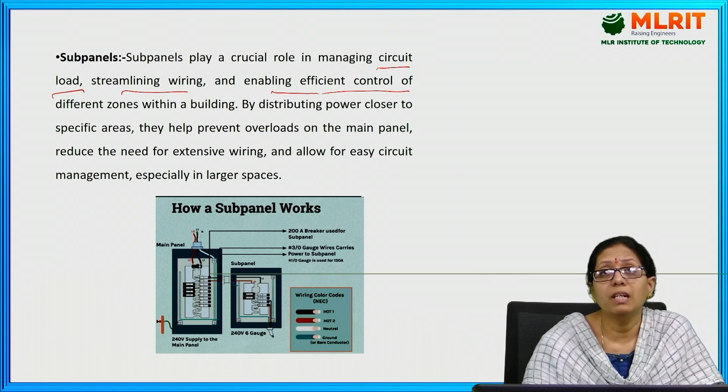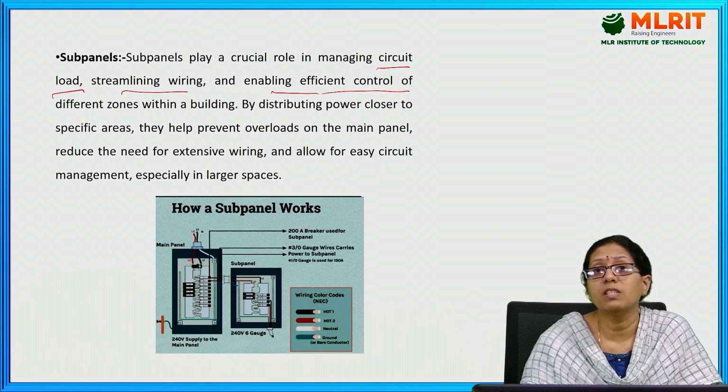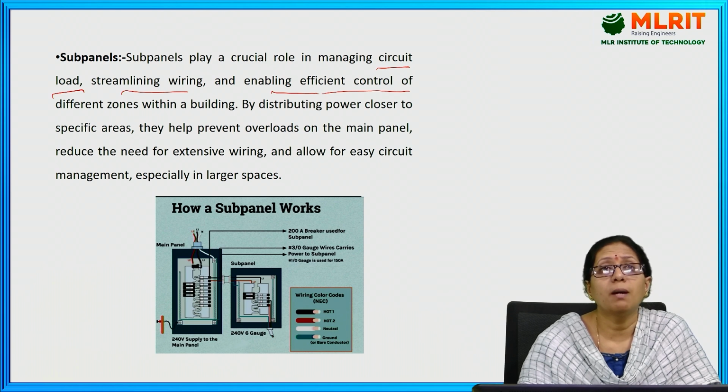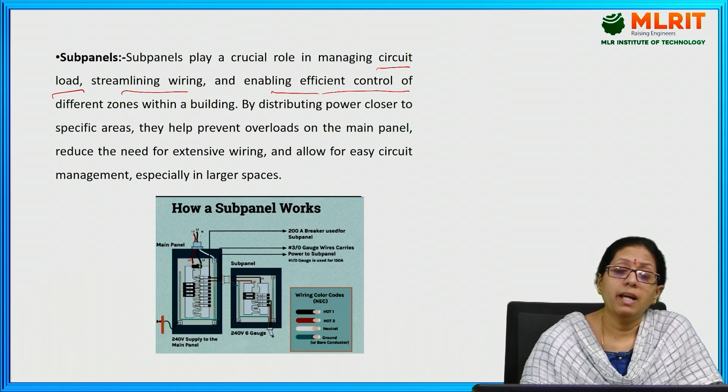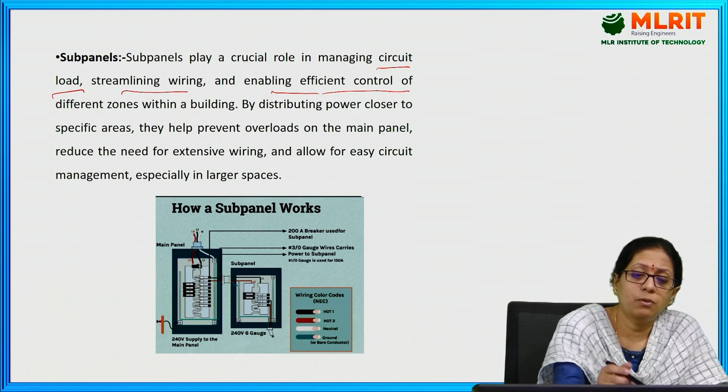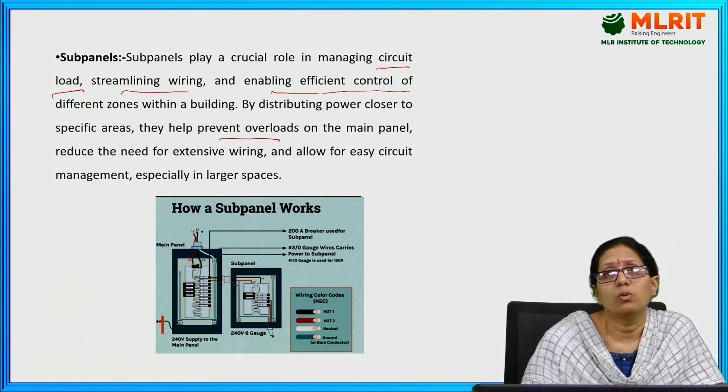Within a building there will be different zones and different circuits will be connected. So for controlling each and every zone, we will be using these sub panels. By distributing power closer to the specific areas, they help to prevent overloads.